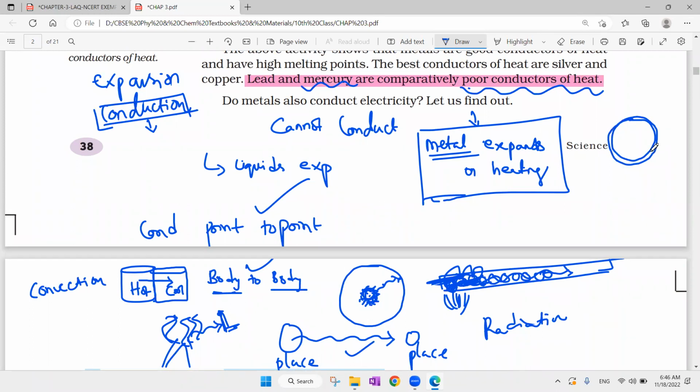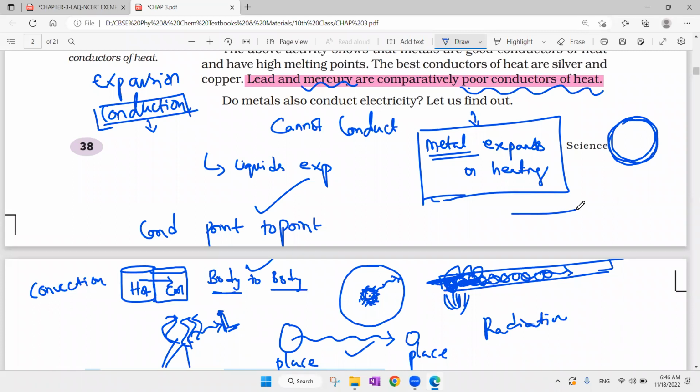In villages, how can you fix that iron rim? By heat. The iron rim and the bullock cart wheel will be of the same diameter and radius. If you heat the rim, it expands, then they will fix it, then it will be cooled automatically. It will be sticking to the outer part of the wheel. So metal expands on heating.